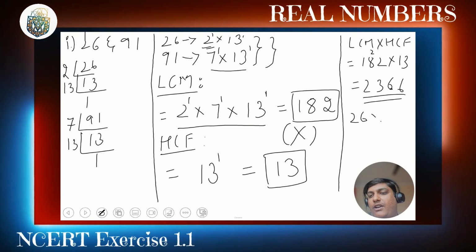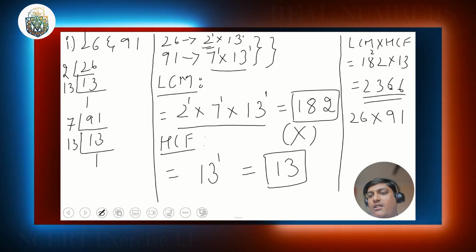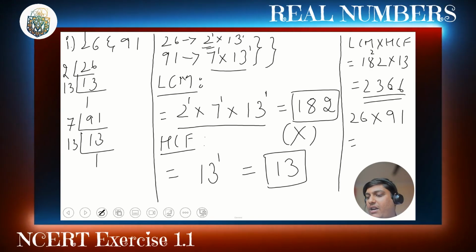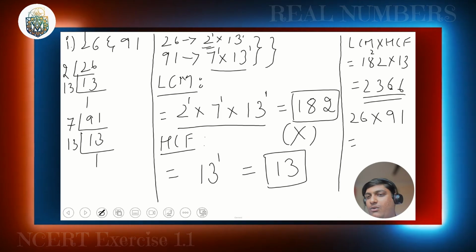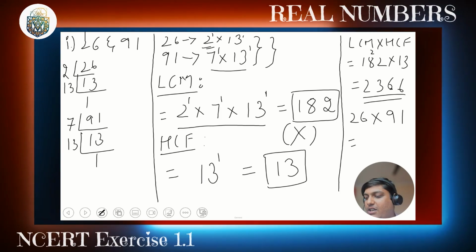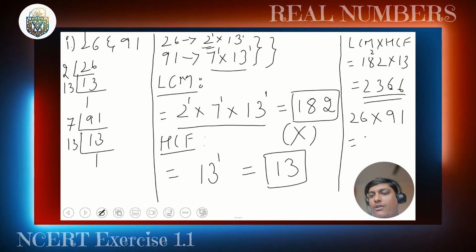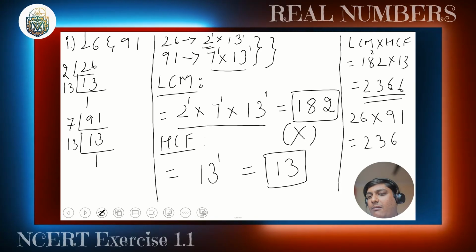And now I have to do the product of 26 into 91. If you check, 26 into 91 is basically 2366.